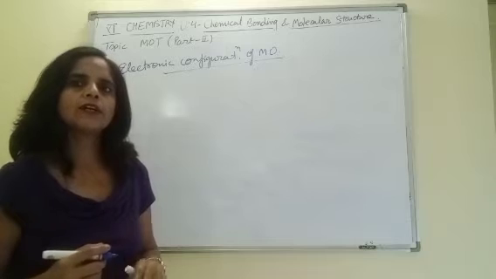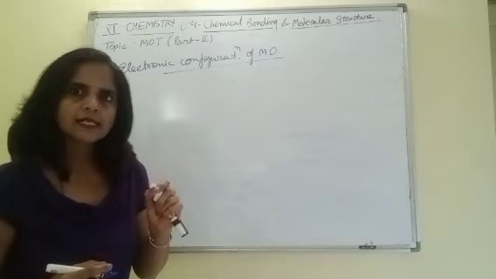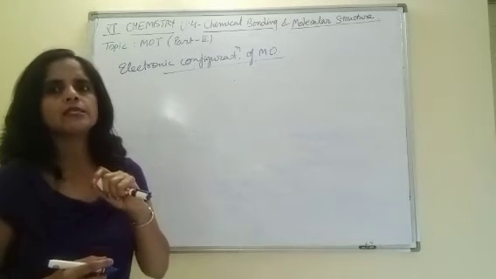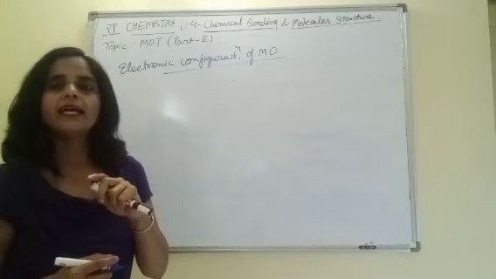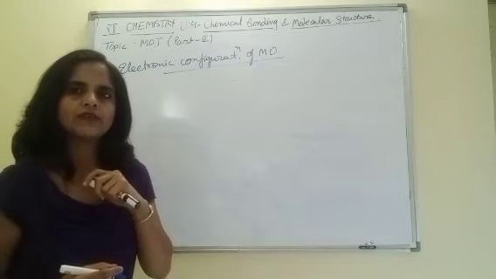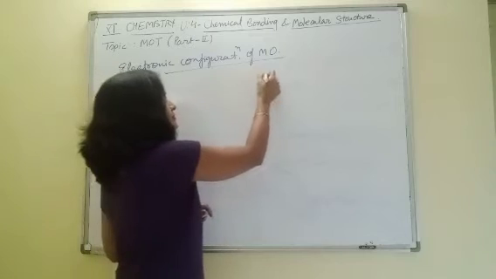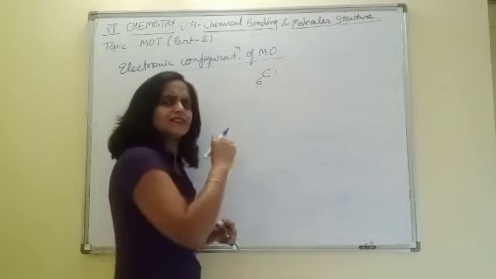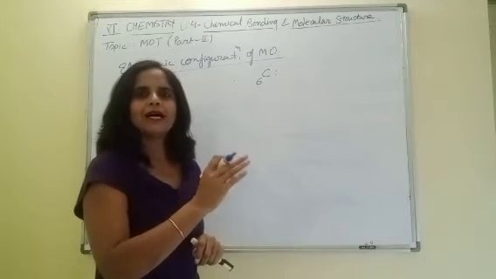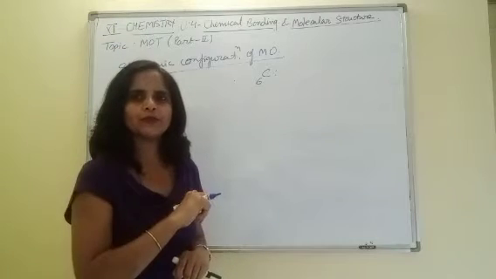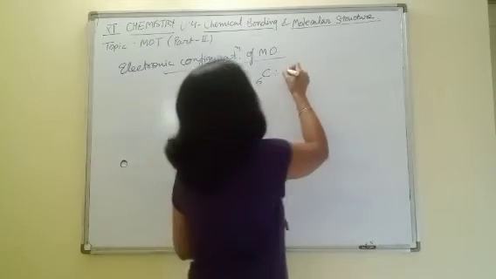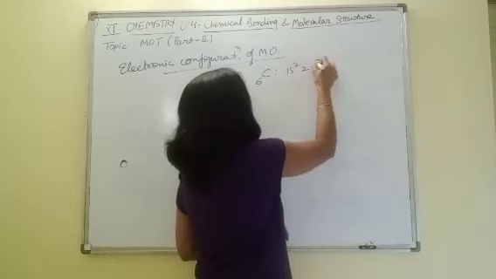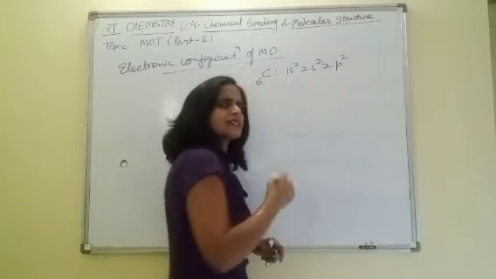Before this, in atomic structure, you discussed the filling of electrons in atomic orbitals. And if I asked you to tell me the electronic configuration for carbon, atomic number 6, I think very easily you can tell me, ma'am, this is 1s2, 2s2, 2p2. Very simple.